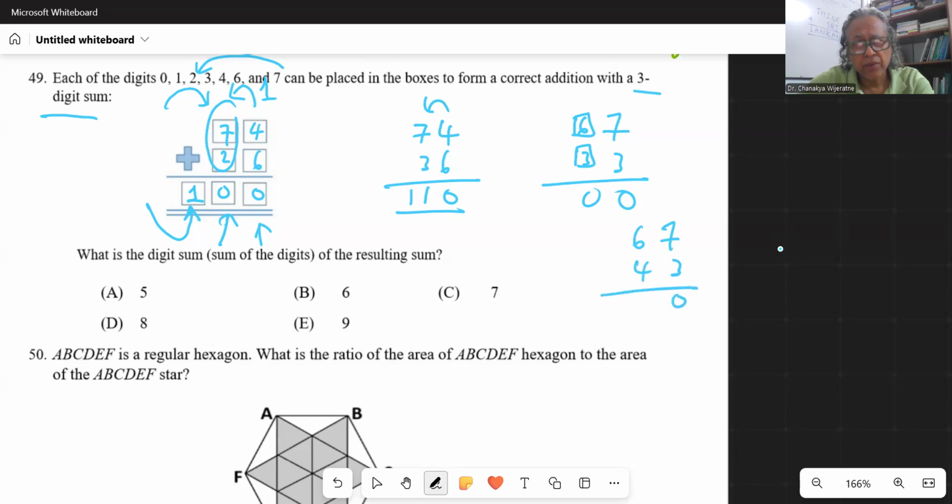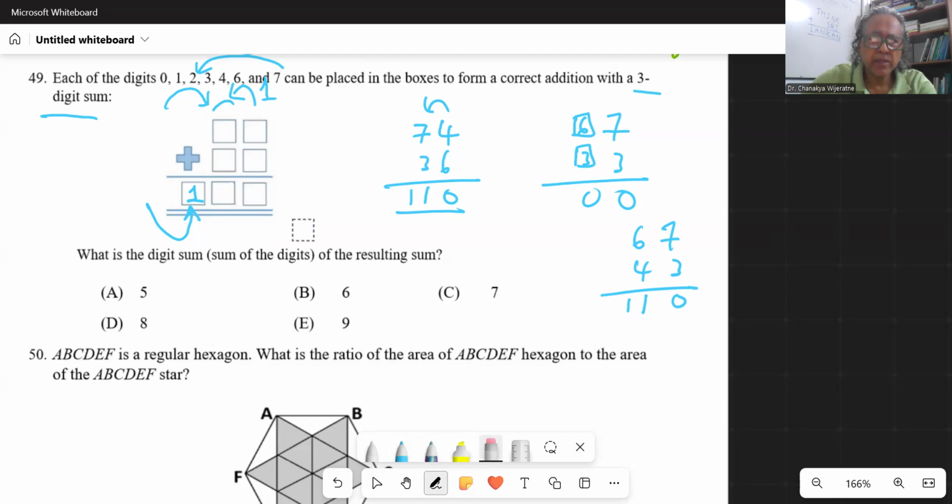So 0, 1, 1 can't be. So that means we have found where 0 is. It is definitely here, right?